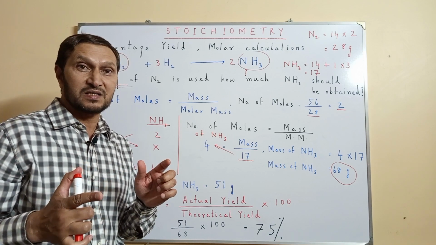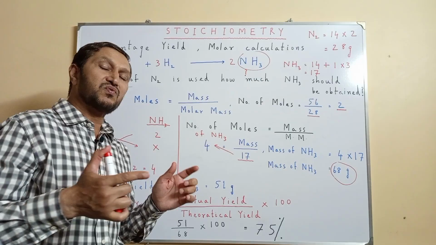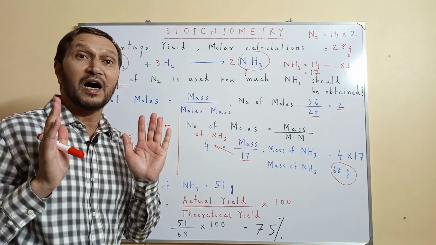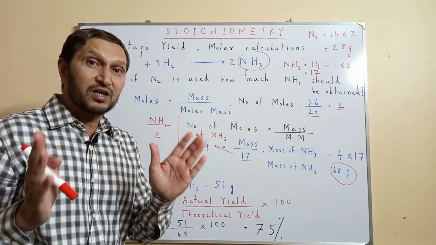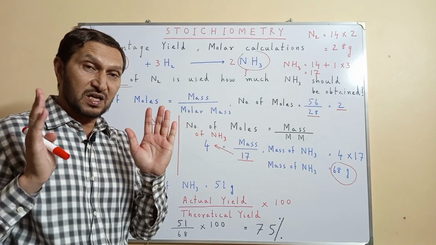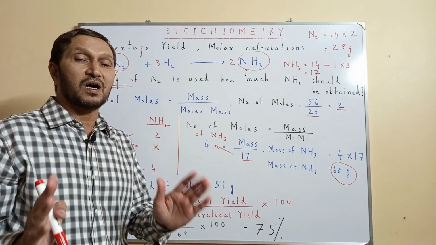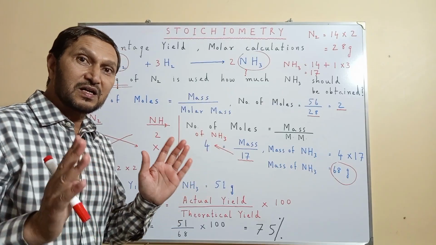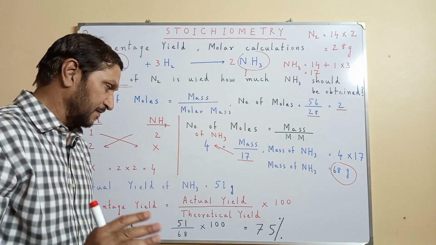Some of the reactants, maybe 20%, 25%, or 30%, will remain unreacted. They will not turn into product. Successful collision is not always 100%. Therefore, you will not get 100% result.